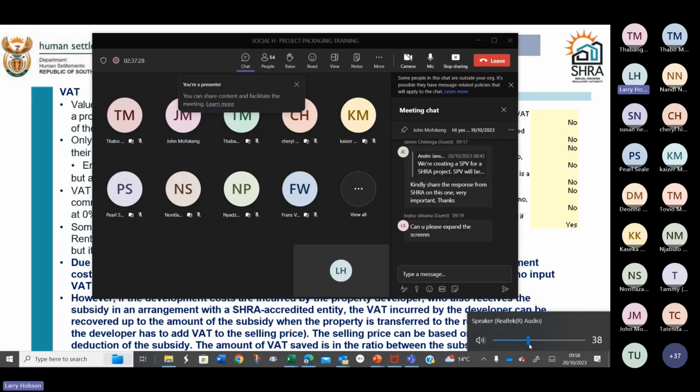So you would be able to get registration for that company, but in the agreement for the subsidy, you would need to involve the SHI and the development company. It's called a tripartite agreement, and these have been in operation for a long time. There's an established practice to do that.